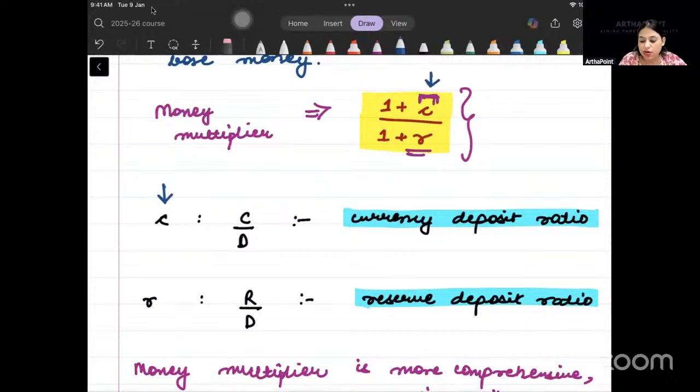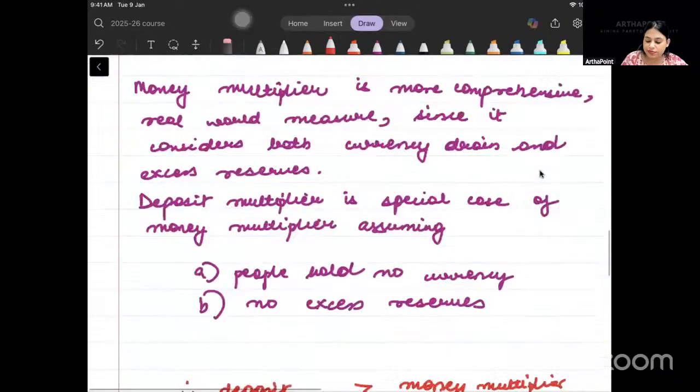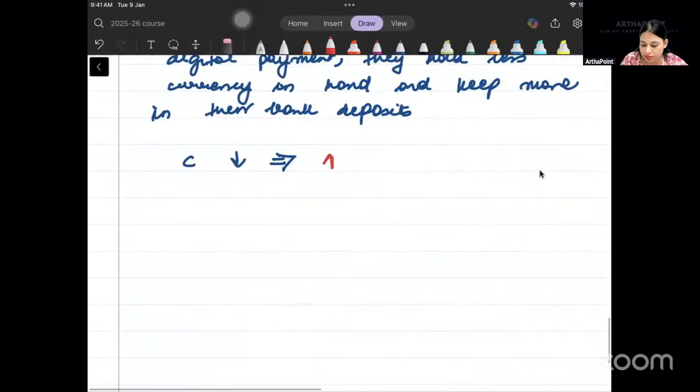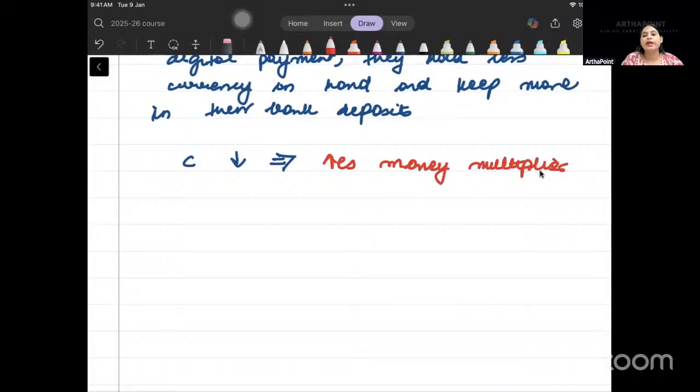Currency deposit ratio will fall. Now, beta, one thing, I think here, this is not 1, huh? This is C. So this will also fall, right? Currency deposit ratio is falling. So when currency deposit ratio falls, right, it increases money multiplier.